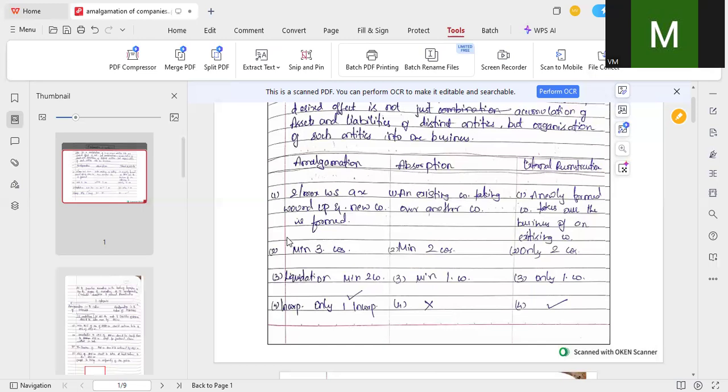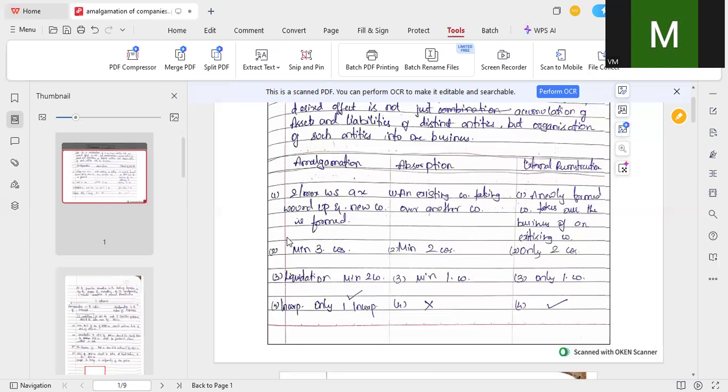In external reconstruction, consider the example of building a new house. You have an existing house which is not in proper condition. You transfer all the assets, furniture, liabilities into the new company which you have built, right? You will repair all the assets and liabilities of the existing company and then transfer them into the new company.